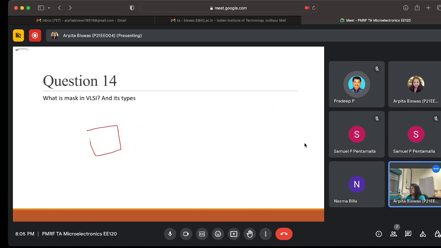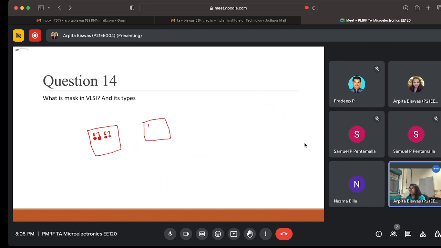This is a mask. In the mask, we can see different types of shapes like that. You can see the red color portion is the opaque portion. From there the light can't pass, and the remaining portion is white, which is transparent.